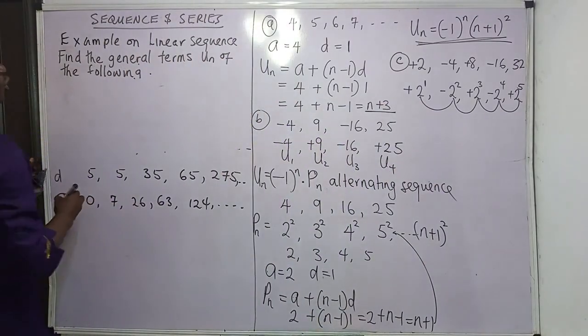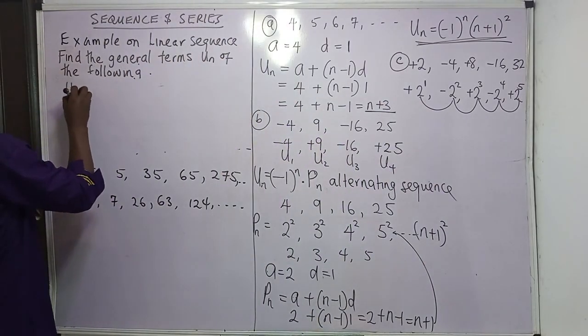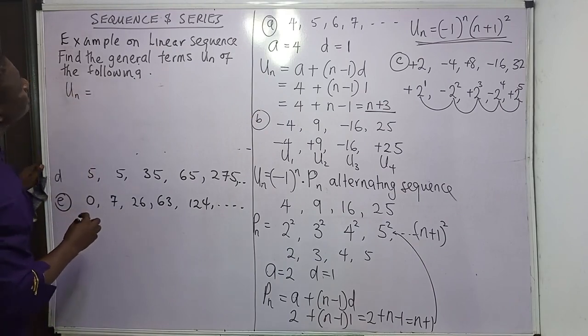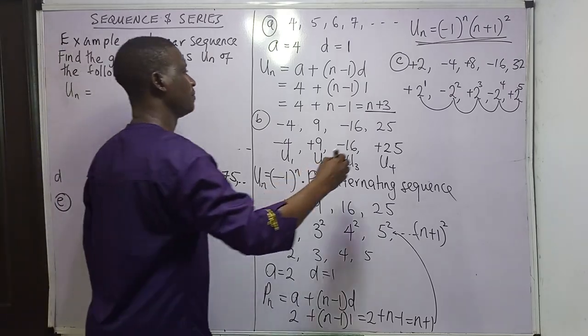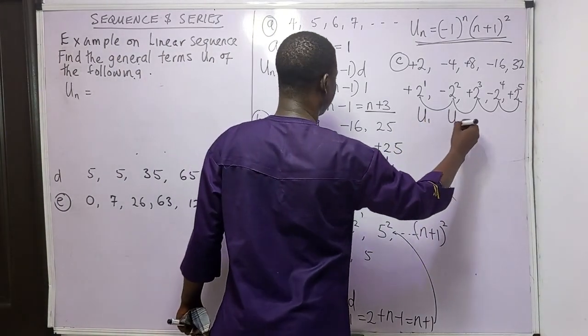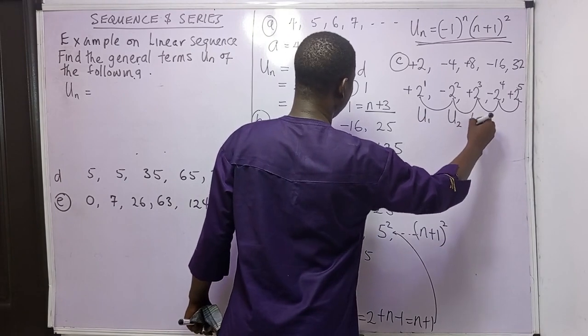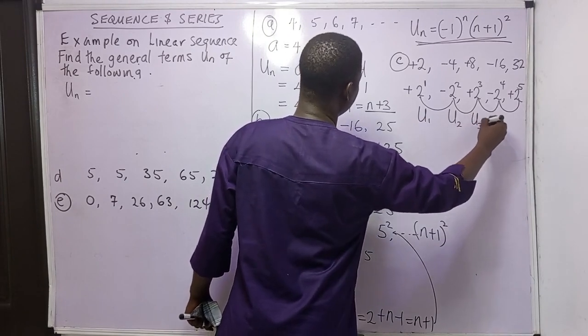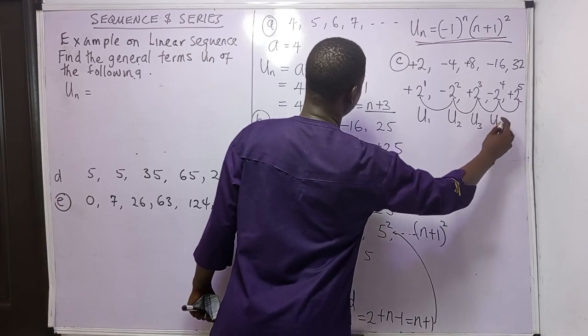Now, first of all, let's find the alternating series first, because the first term U1 starts with a plus sign.